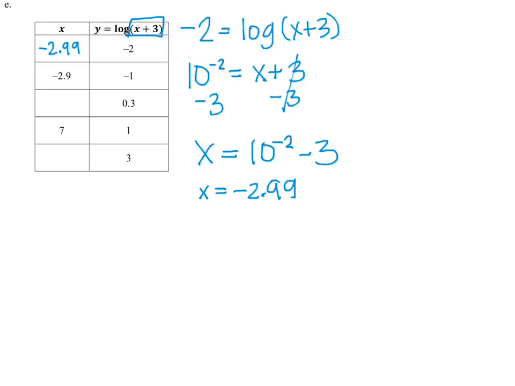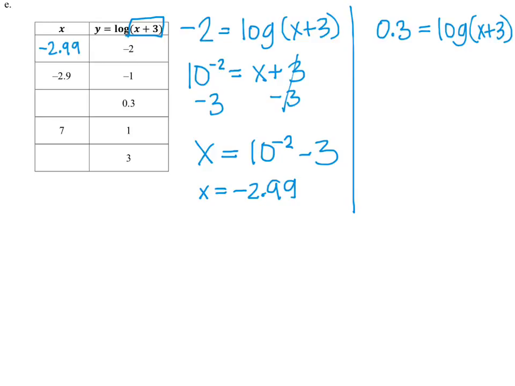We'll do the same kind of thing for the next two entries on my table. I have y equals 0.3. So I can say 0.3 is equal to log of x plus 3.